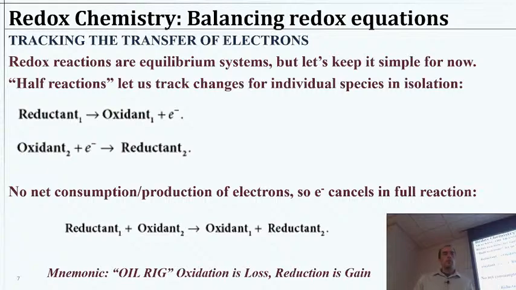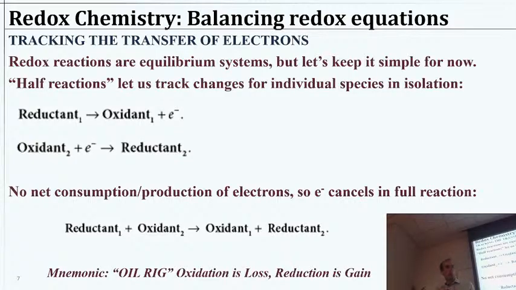All right, so how do we describe redox reactions? Well, we will split a reaction in half so that we can handle the reduction side and the oxidation side. So we will do half reactions, and these will be equilibrium systems, although some are so extreme that they're never really going the other way.